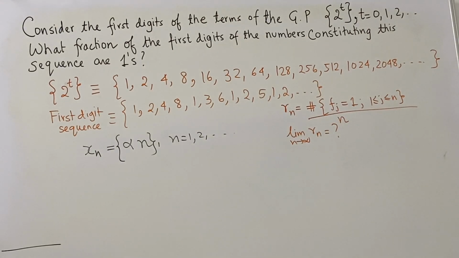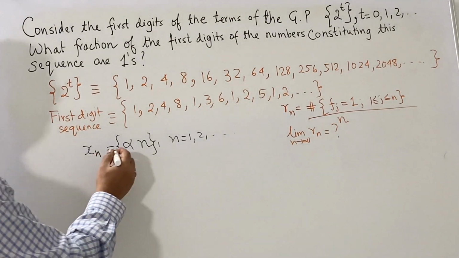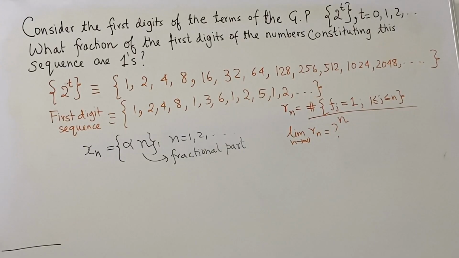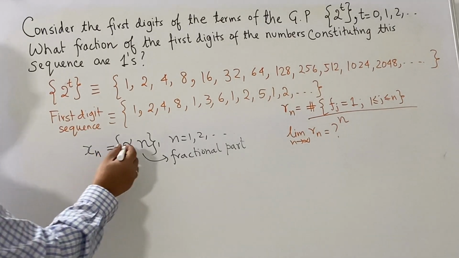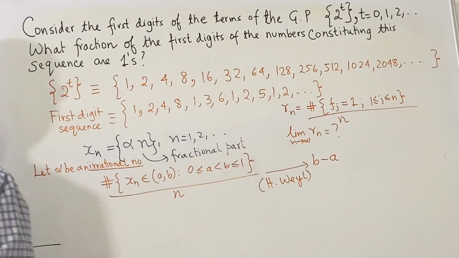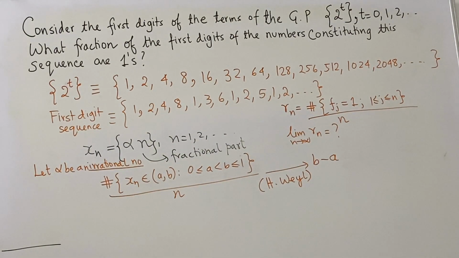So let us look at the sequence xn, which is the fractional part of alpha n. If alpha n is 2.75, then the fractional part of alpha n is 0.75. So this fractional part is always a number between 0 and 1. To prove this result, we will need a result which is somewhat advanced. Let us consider this sequence xn where alpha is an irrational number. Now consider this ratio.